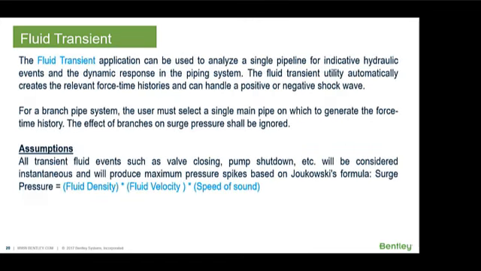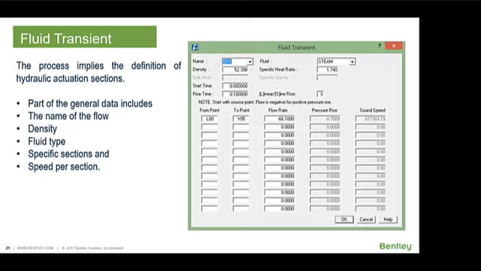So, in general, the application can be used to analyze a single pipeline. And the general assumptions depend on the many scenarios that you are considering. Of course, fluid density, fluid velocity, and speed of sound, and I will show this in a few moments.